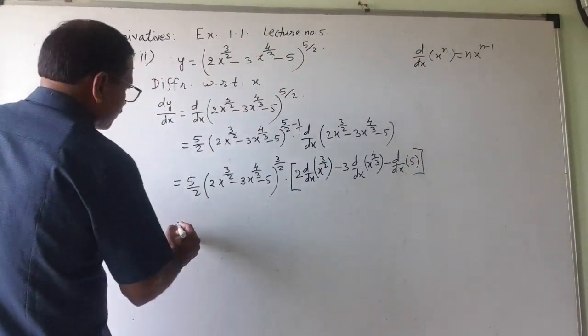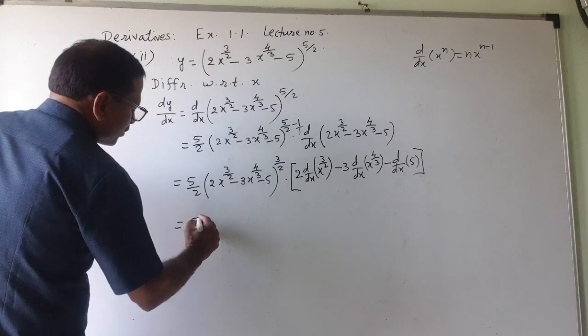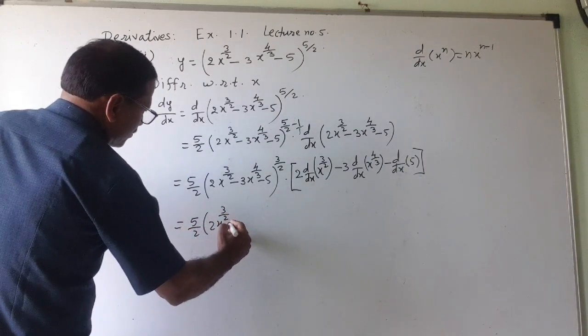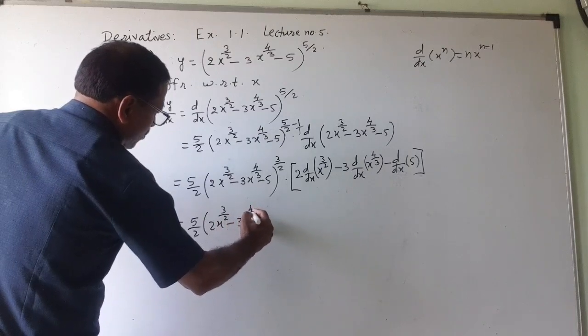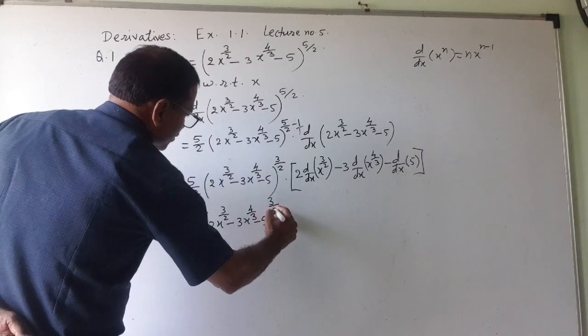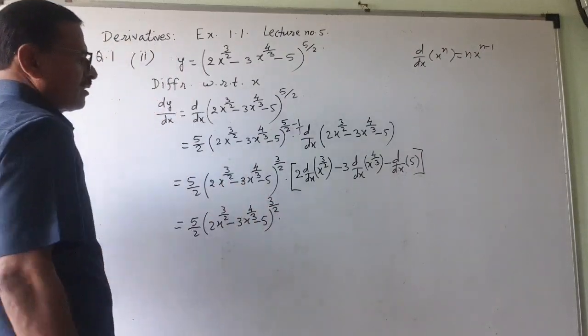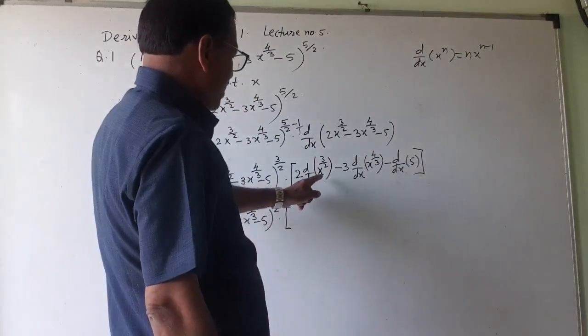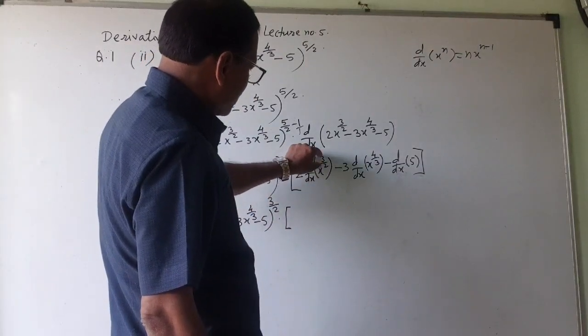That is equal to 5/2 into (2x^(3/2) - 3x^(4/3) - 5) raised to 3/2 into. Now again for x raised to n, this n will come here.